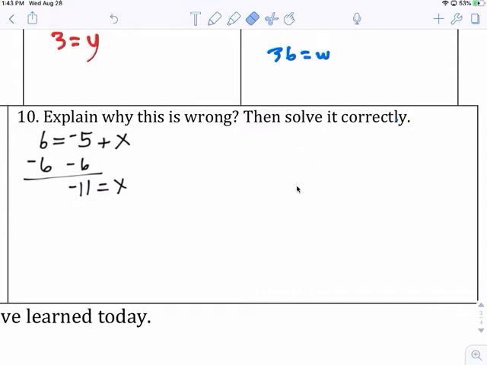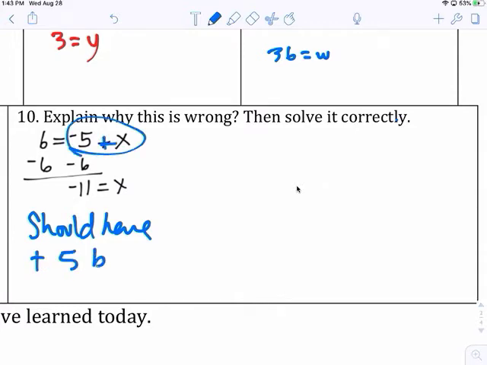Okay, this is wrong because they should have -6. Should not have that. Should have added 5. There's a plus sign here, because of the plus.